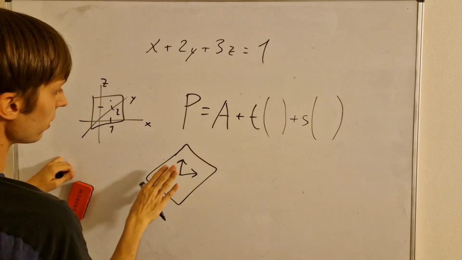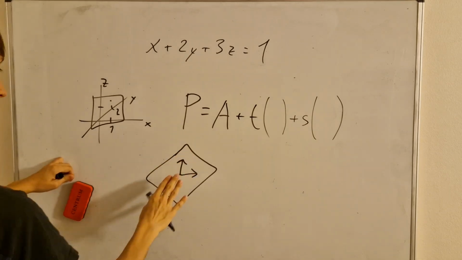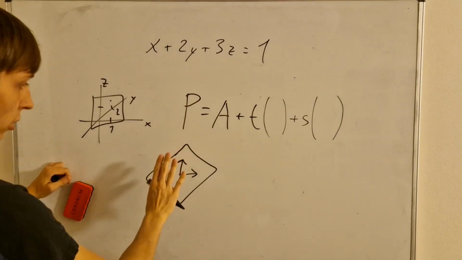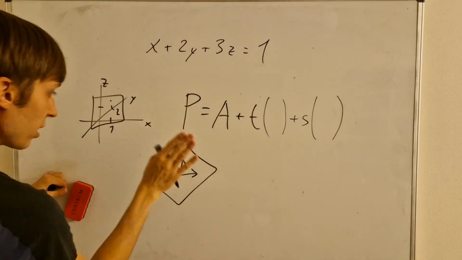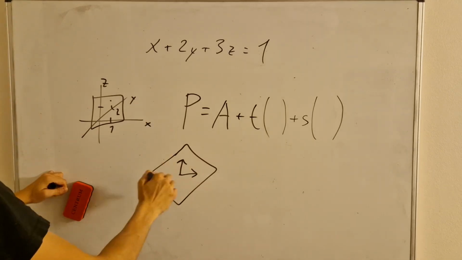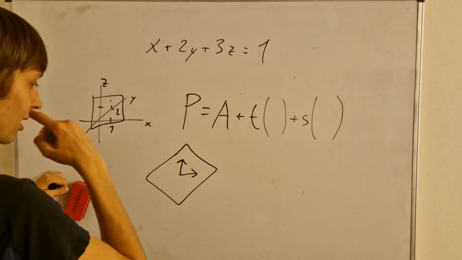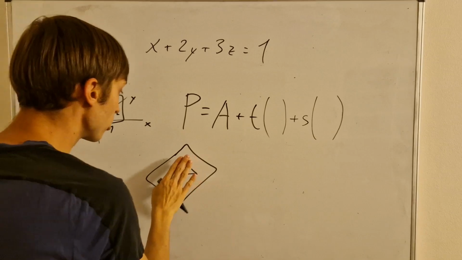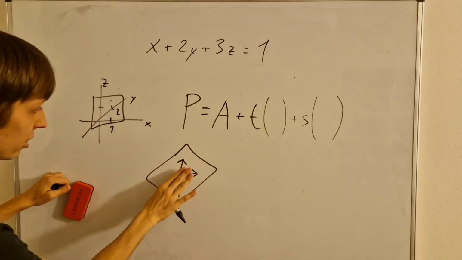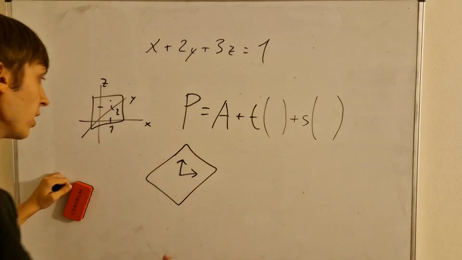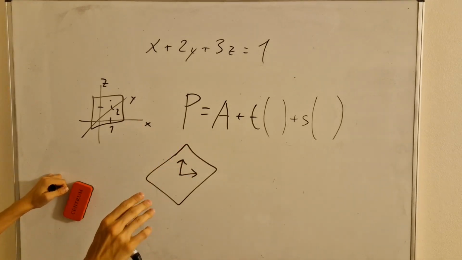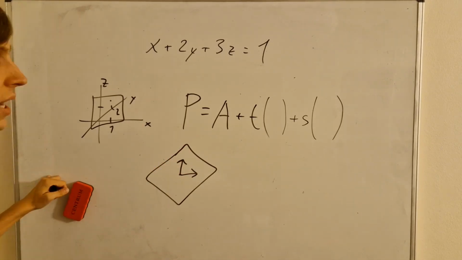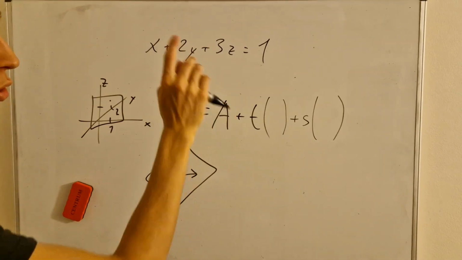They are both in the plane. They don't go perpendicular to the plane or at an angle to the plane. They're really lying in the plane. So there's 3D space and these two vectors. Then we also have something perpendicular to the plane and therefore perpendicular to both these vectors. That's a normal vector that will go perpendicular to the plane. And that vector, by the way, we can get from this equation, and we'll use it.